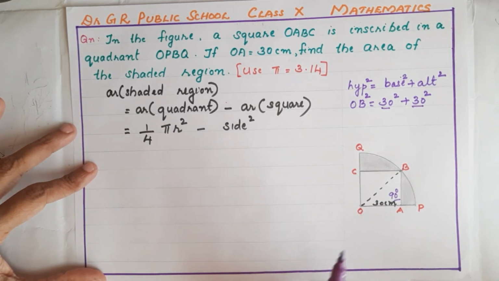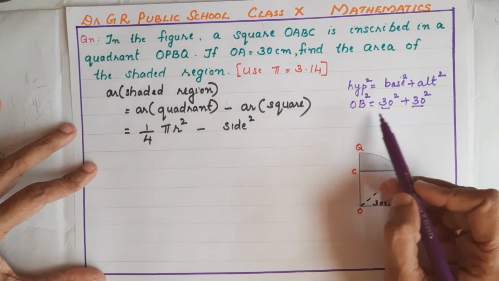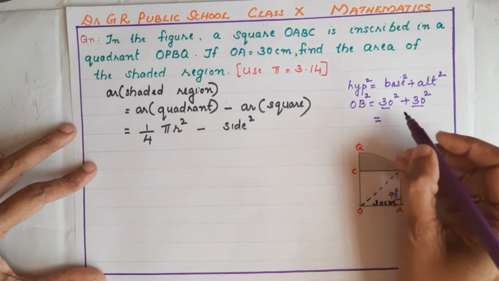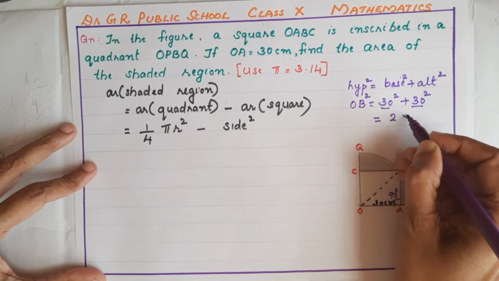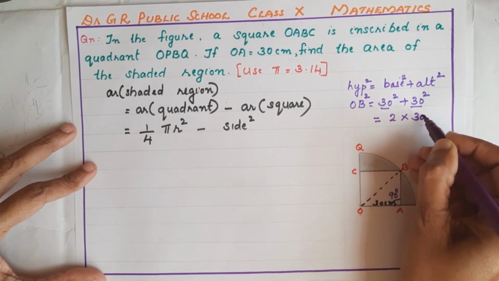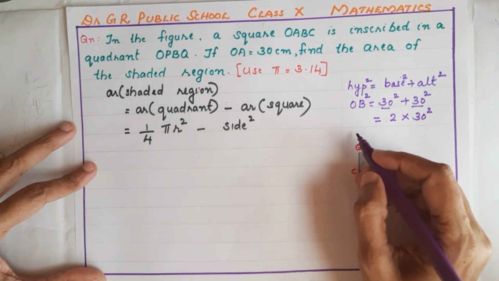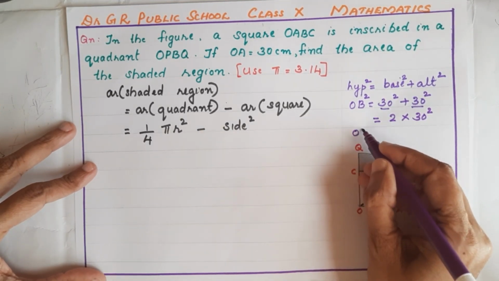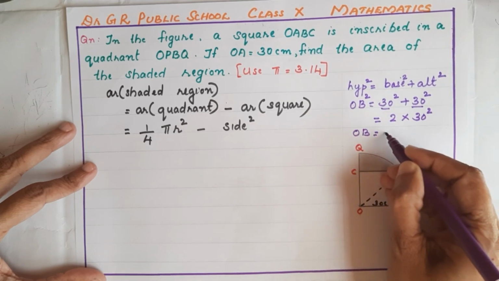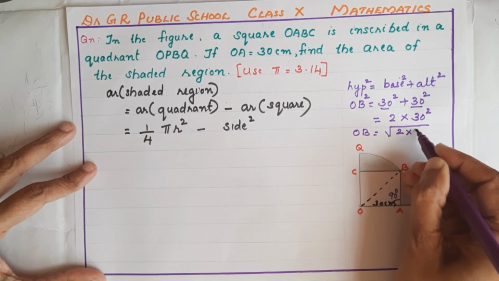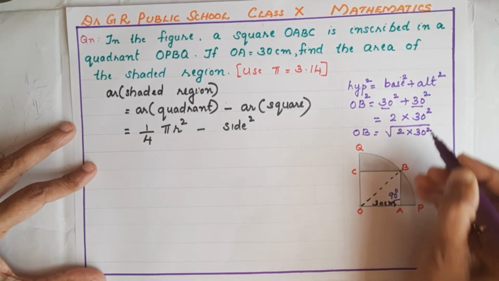So I am saying one easy calculation method. We have 2 times of 30 square. So we can write 2 times of 30 square. Okay. So OB equal to square root of 2 times of 30 square.